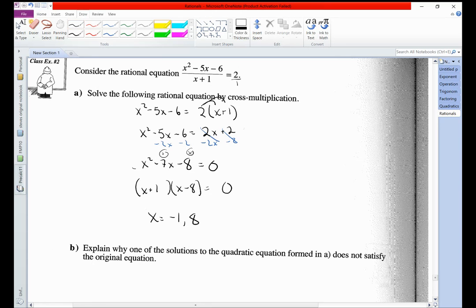So if we go back to the top, we can see that the only non-permissible value we have is x cannot equal -1. So we reject -1 as a solution. So the actual solution to this is just x is equal to 8. It's the only solution to that.